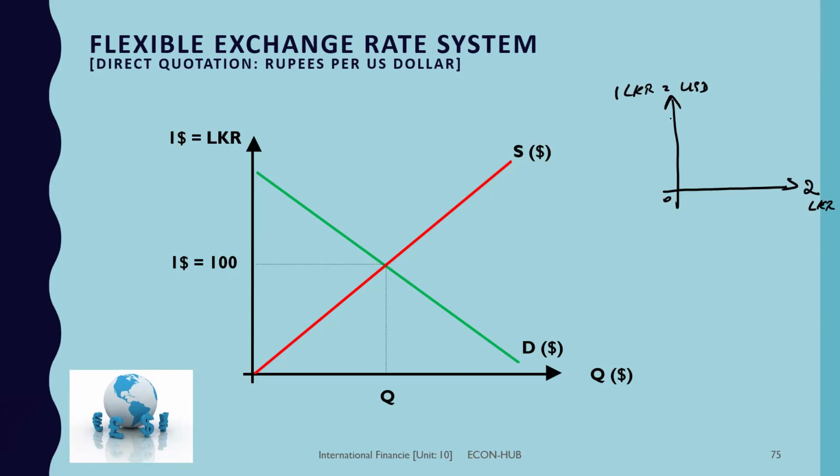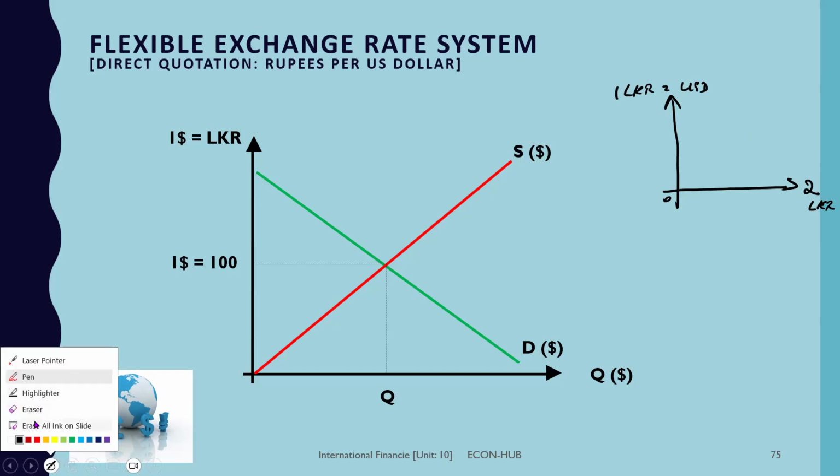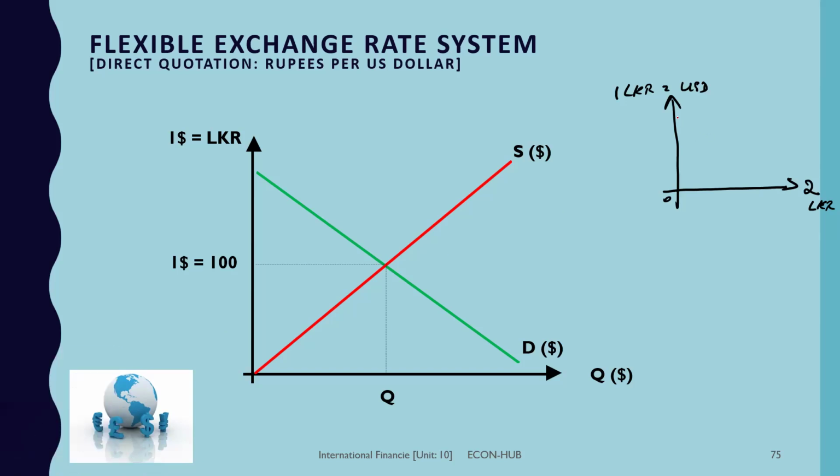Now dollar demand is in red. Sorry, dollar supply is in red. Are we clear? Dollar supply is in red. Then match that with the rupee demand, because dollar supply creates a rupee demand. Demand for rupees, LKR. You don't have to write rupees, but you understand it is demand for rupees.